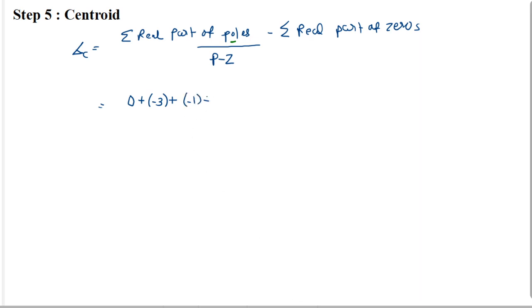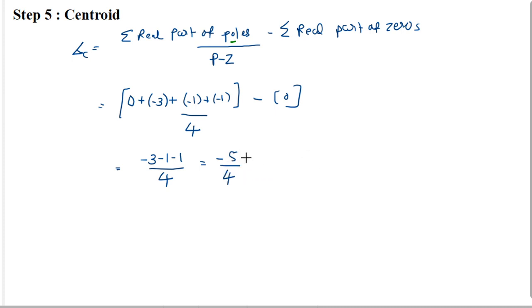That is the summation of real part of poles, and the summation of real part of zeros is 0. p minus z is 4, so minus 3 minus 1 minus 1 divided by 4, minus 5 by 4, and the answer is minus 1.25. There is centroid sigma c, from where the asymptote passes through the centroid using a dotted line.